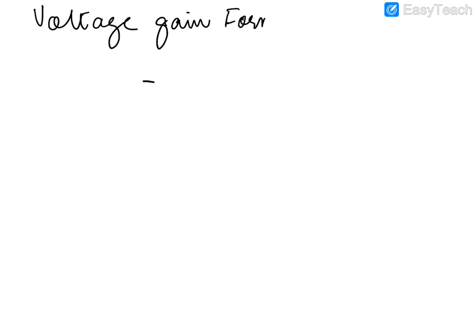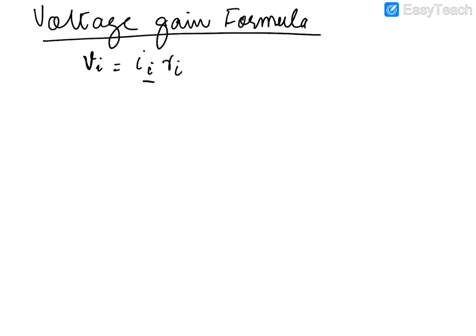So in this case, the voltage gain formula will be: first of all, the input voltage is equal to the product of input current and input resistance, and output voltage VL is equal to the product of minus I0 and RL, because I0 and I input are in opposite direction.